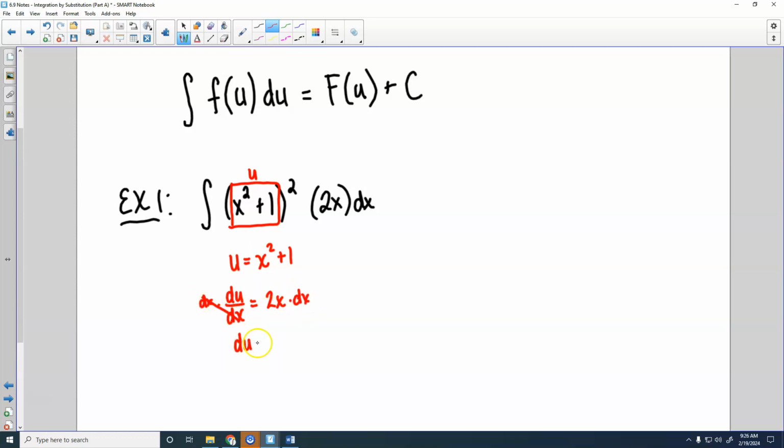So du equals 2x times dx. Now, for us to integrate, our du needs to be in the problem. And fortunately for this, because this is our first problem and it's going to be the easiest one that we do probably, that's already here, right? I've got 2x times dx. That is my du.